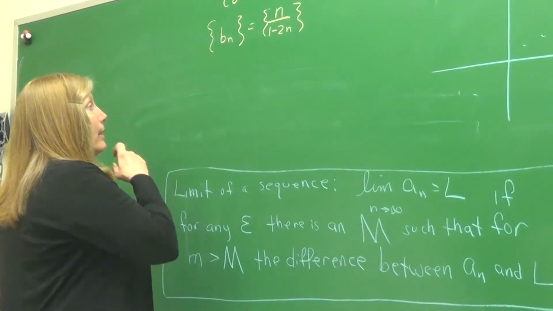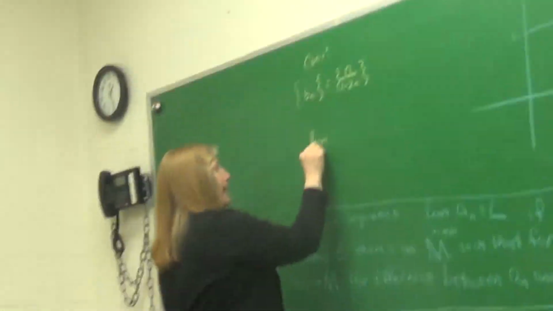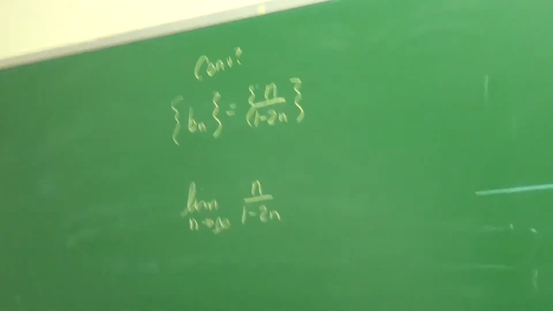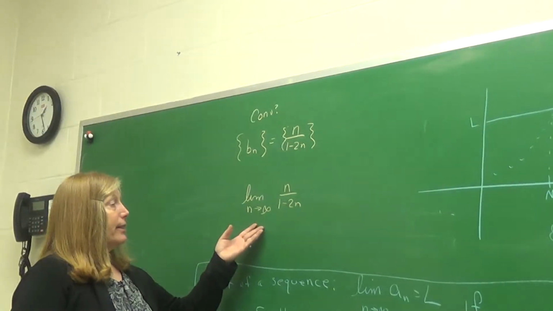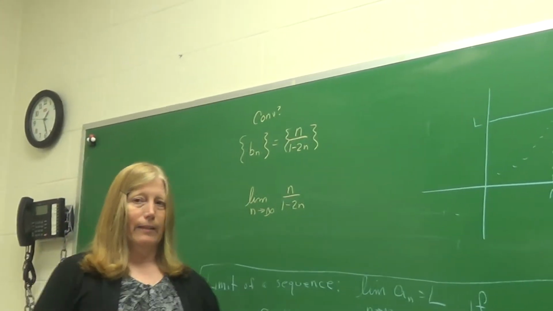In order to do that, we decided to look at what's happening way down the line when n is approaching infinity. We pulled this out of our hat last time we met together. To answer that question, we just need to take the limit as n goes to infinity of that.